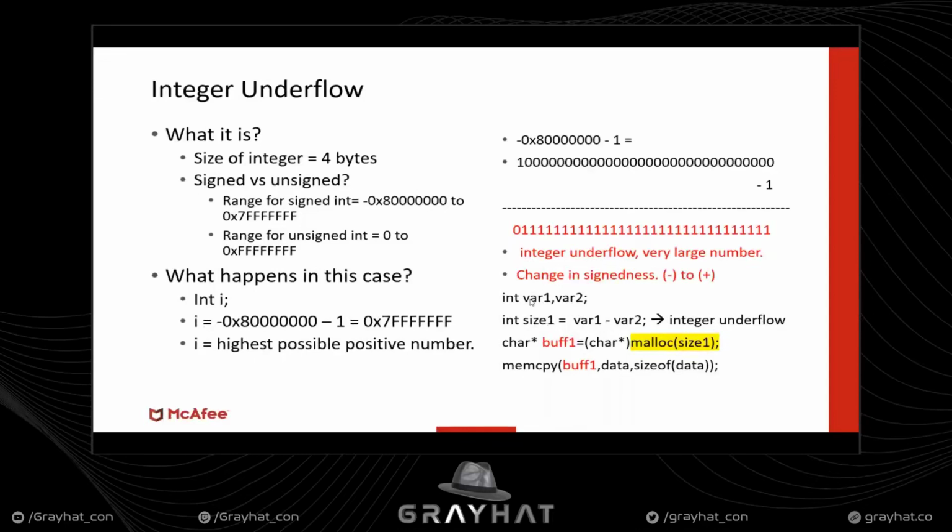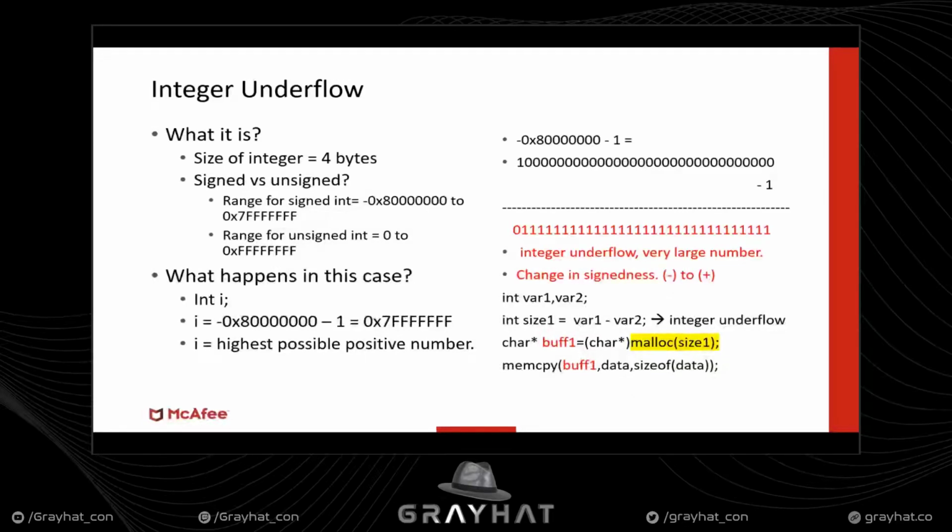So in this case, what will happen if variable 1 already contains the minimum possible value, and if variable 2 contains 1, then size 1 will become a very large positive value, and in some cases malloc tries to allocate that much memory, and if malloc fails and there is no check that memory allocation is successful or not, and the program tries to copy some data to the unallocated buffer, then that can lead to a program crash. So this is what an integer underflow is.